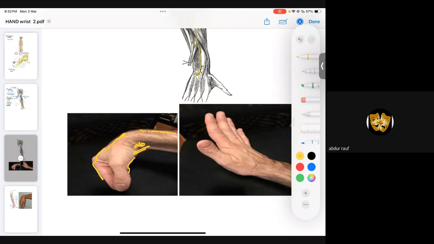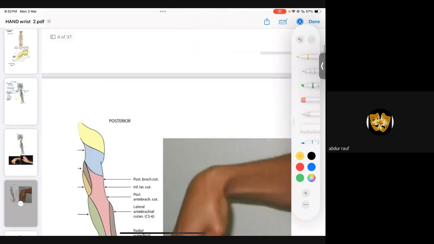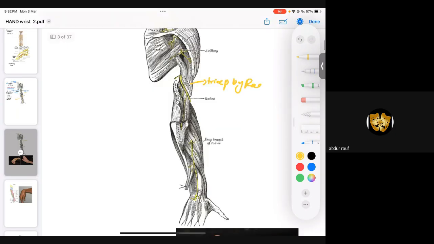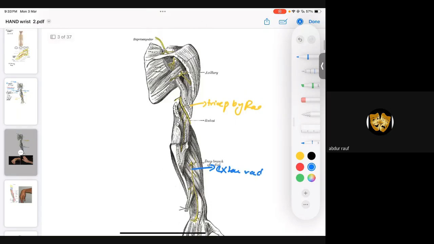Another thing you guys should keep in mind: we discussed that the triceps is supplied by your radial nerve. We also discussed that the extensors of the forearm are also supplied by your radial nerve. For example, if the radial nerve is damaged somewhere here in the axilla, can I say that the function of both the triceps and the extensors is lost?